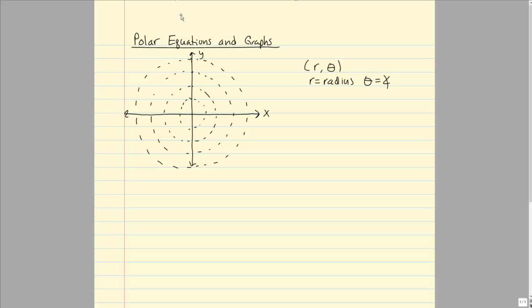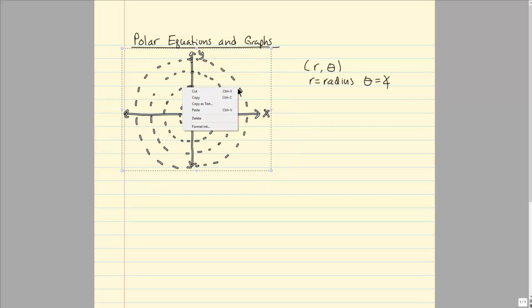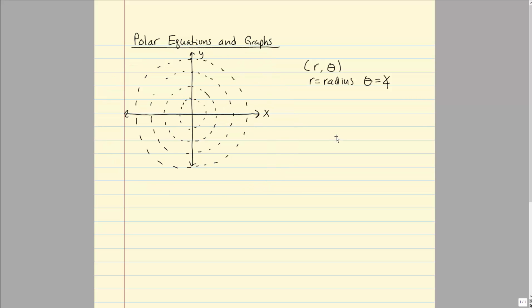So let me go ahead and copy this before I write on it so I can reuse it. And let's go ahead and plot some points. Again, like I said, r theta is a polar point, and xy is a rectangular point, and they are connected.